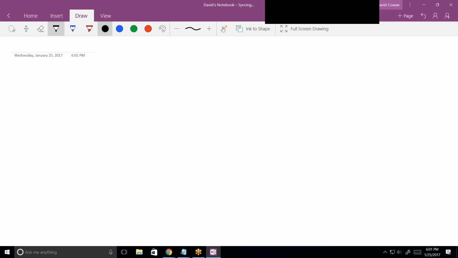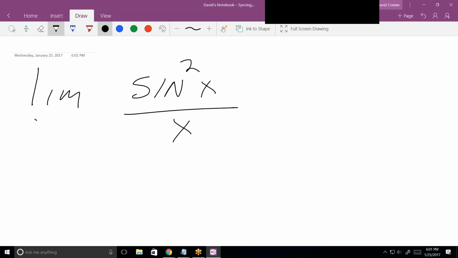Let's go back and look at this. This must be hard, otherwise I don't see why it's number 71. What can I do to this? Can you separate it out? Yeah, think factoring. Basically what we're going to do is factor the top. Well, when I factor the top, it becomes sine x times sine x, right?